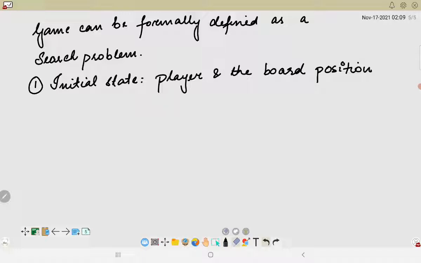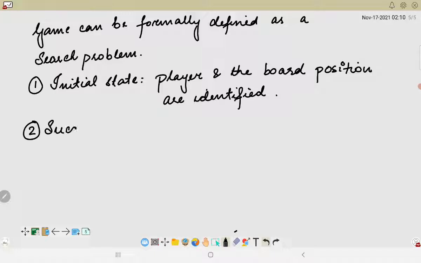These two things are identified, because it might be that we want to begin the game with the min player, but generally Max always makes the first move. We might also have an option to start the game with the min player.